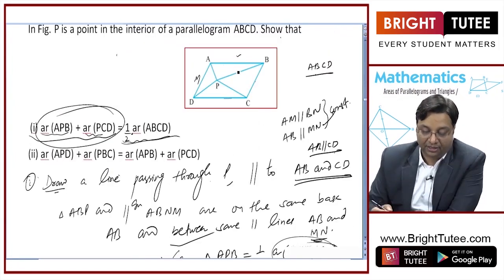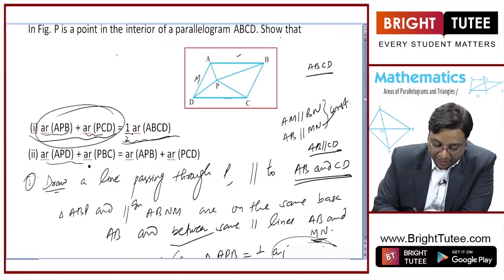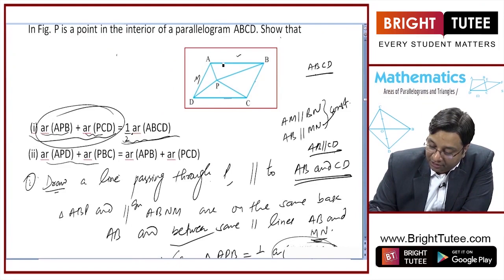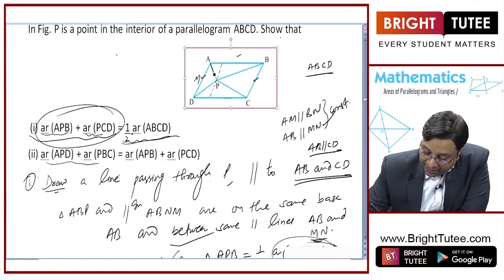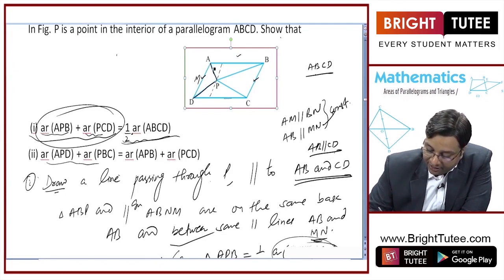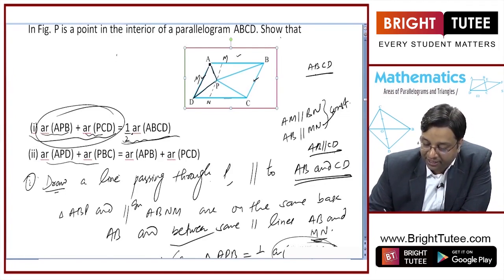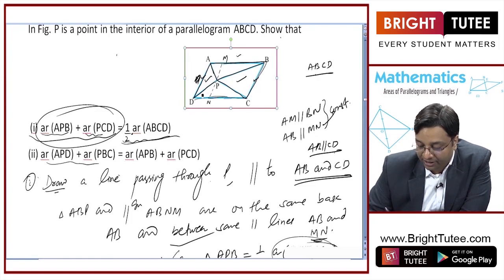Okay. Now, look at this. To prove the second part, what you have to do is you draw a line passing through P which is parallel to AD and BC this time. Then you will prove that area of triangle APD is half of area of AMND, let us say these are M, N, and area of BPC is half of area MBCN, and then their sum is equal to half of area of ABCD.